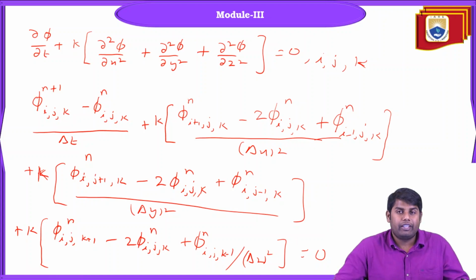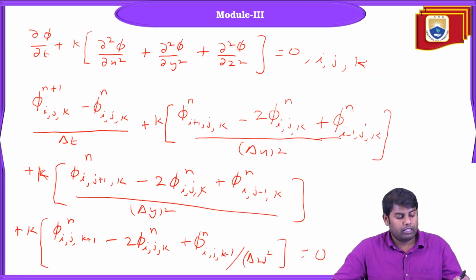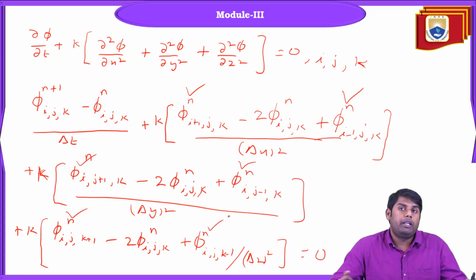The basic difference is, if you compare this equation, where we have i, j and two terms in each direction, in the two-dimensional point of view we have four terms which are dependent. For the three-dimensional point of view, we have 1, 2, 3, 4, 5, 6. So 6 terms are depending.